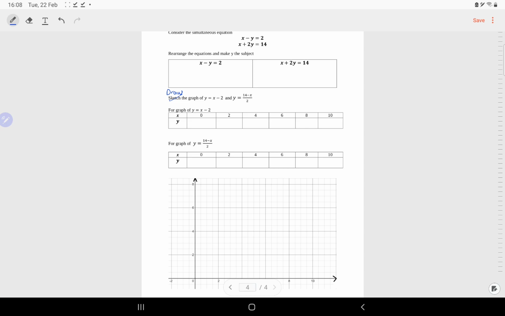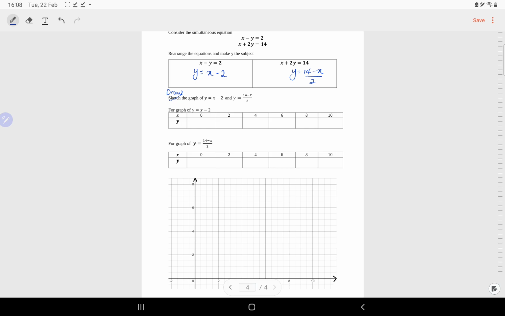But anyway, first things first, before you draw it, because y is not the subject, what we are going to do is to make y the subject. y equals x minus 2. And here, when we make y the subject, that will be 14 minus x over 2. I've given you the guideline on how to draw the two graphs.